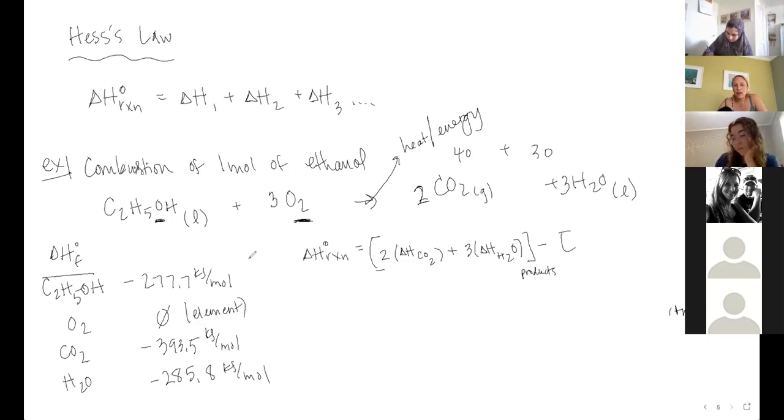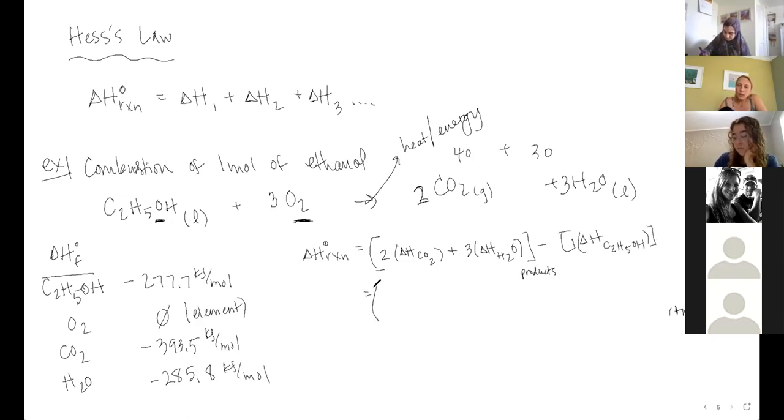Minus oxygen has a standard enthalpy of formation of 0 because it's elemental. So really only this standard enthalpy change, 1 times the standard enthalpy change of formation of my ethanol.